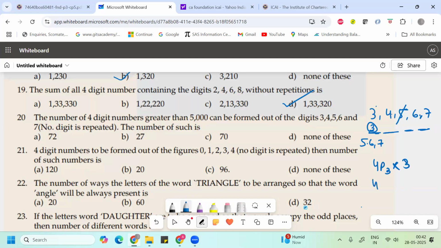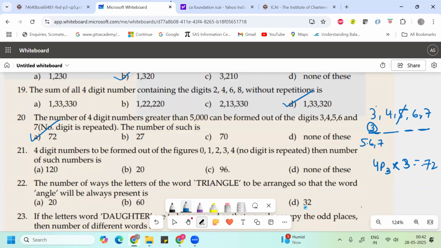So 4P3 means 4 into 3 into 2, that is 24. 24 times 3 would be 72. So the answer for this would be 72. Question number 20, the answer is option A.